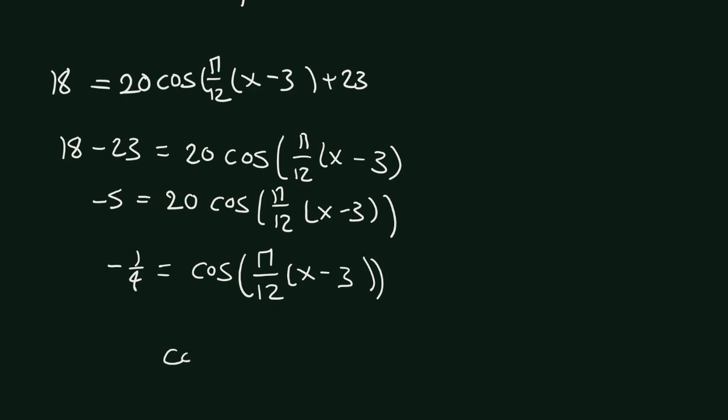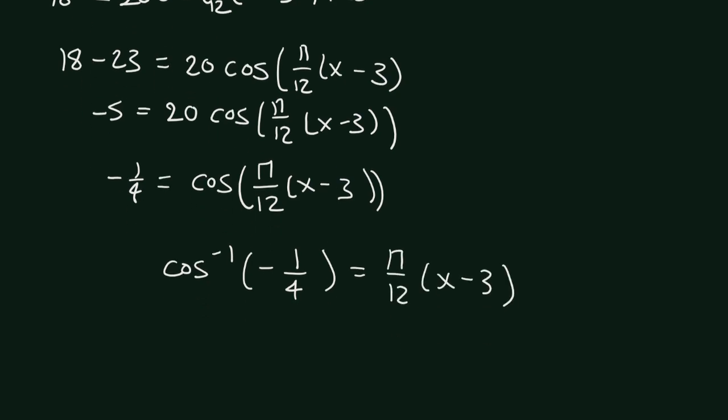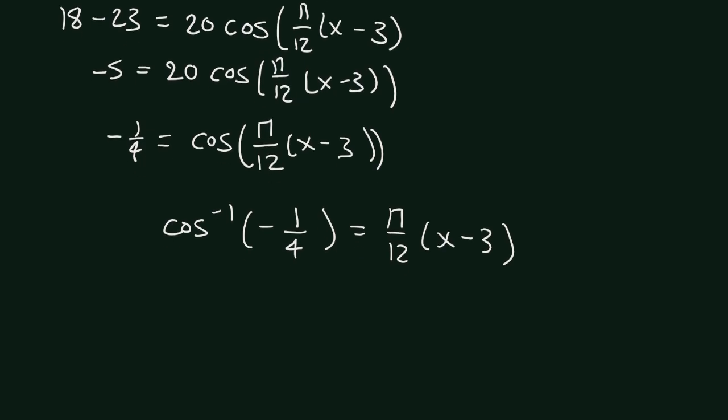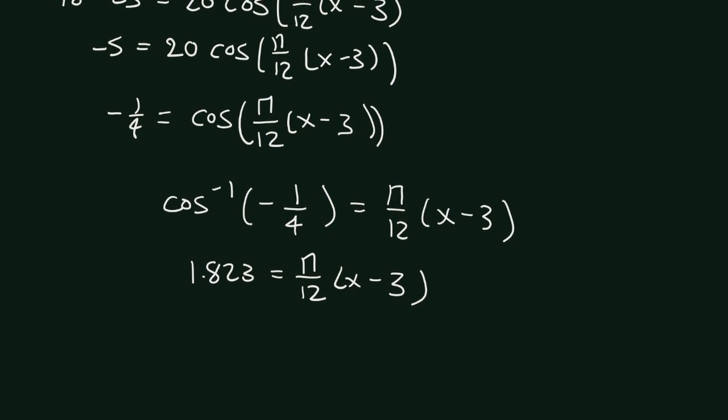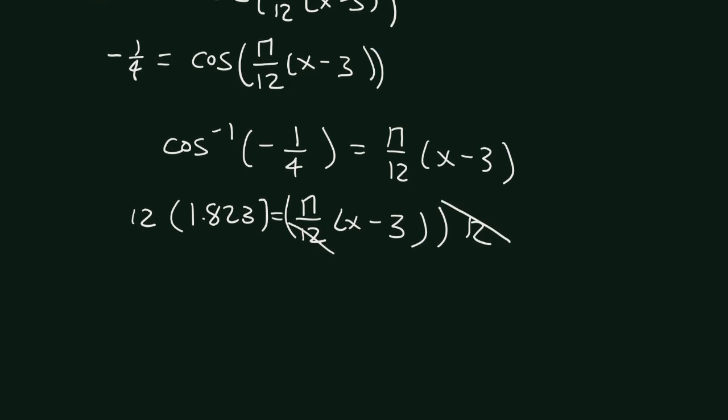So we just take cos inverse of minus 1 over 4 and set that equal to pi over 12 times x minus 3. Cos inverse of minus 0.25 is 1.823, and that's equal to pi over 12 times x minus 3. Now let's solve for x. Multiply both sides by 12, so the 12s cancel out.